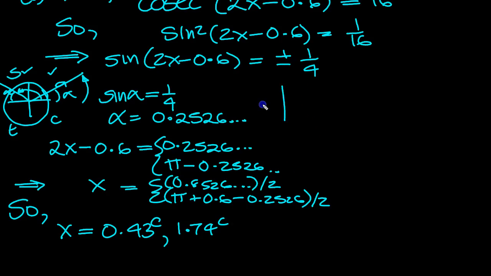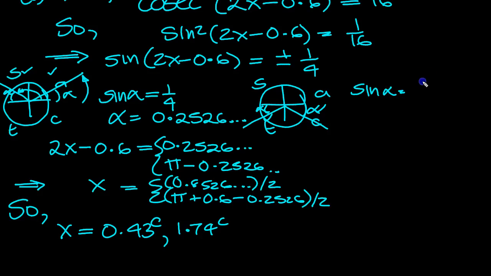Let's do the same again, but this time we'll take the minus 1/4. So sine is positive here and here, so it's negative there and there. Draw 2 lines as before. Mark off the alpha, the associated acute angle. Write sine alpha is equal to 1/4. Drop the negative if there is one to drop, which there is. Alpha will equal 0.2526.